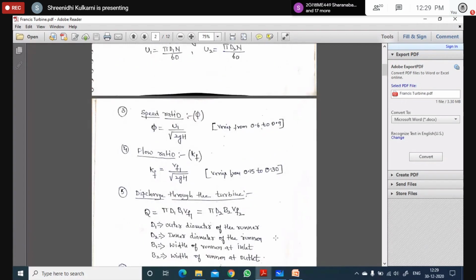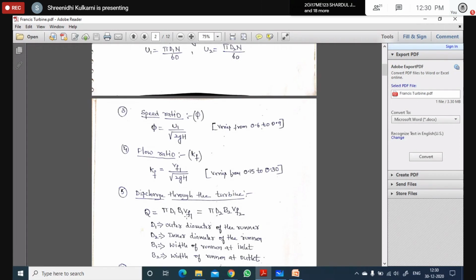Next, discharge. Discharge to the turbine is Q equal to area into velocity.